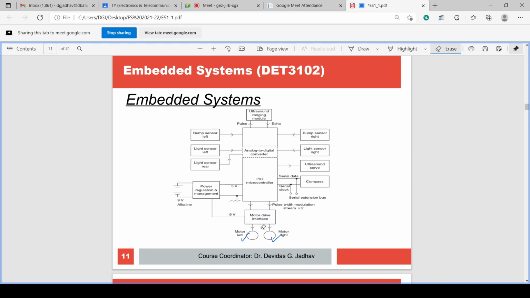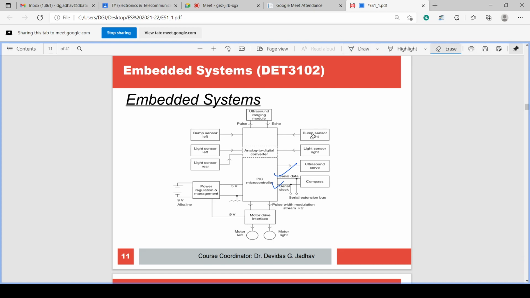So these are the main parts. Other main parts are all the sensors. And one more is the serial data part, to communicate with the outer world, to communicate data with the network.